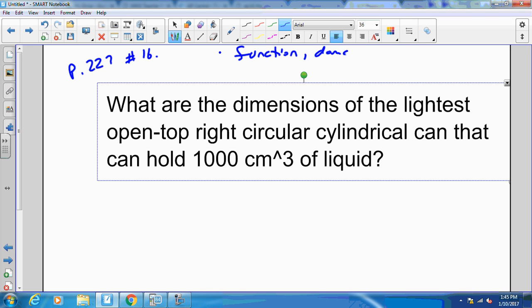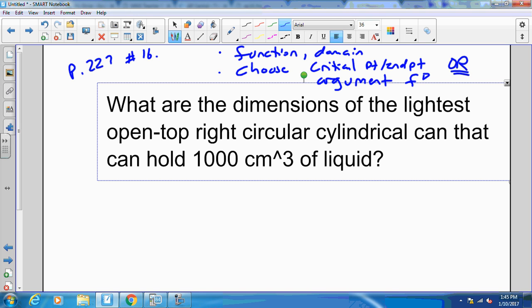Function, domain, choose critical point endpoint or argument with the sign of f prime. And this is the basic plan for all of the problems that we are doing all this week.